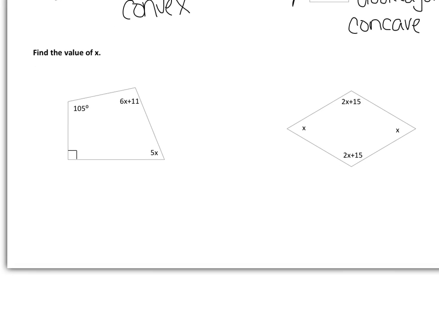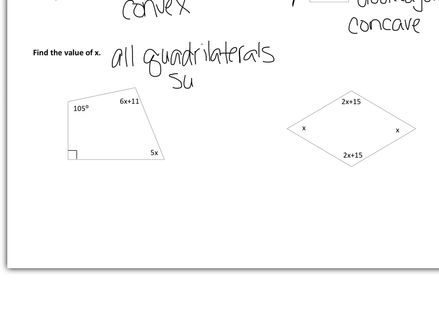Alright, now finally we want to find the value of x, similar to what we did in yesterday's lesson. Yesterday we were finding the value of x if my figure was a triangle. Now this time it's a quadrilateral, a four-sided figure. Now for all four-sided figures, all quadrilaterals, the sum of their angles is, let's think about this, we know a lot of quadrilaterals, we have squares, we have rectangles.